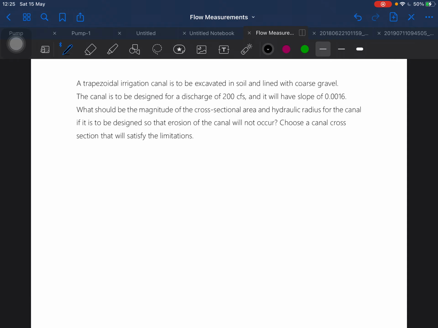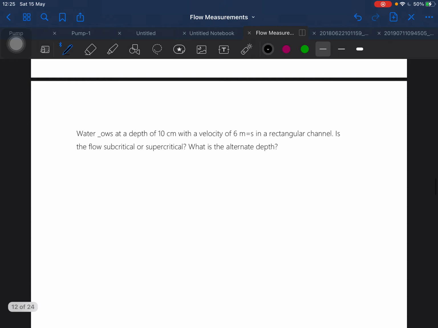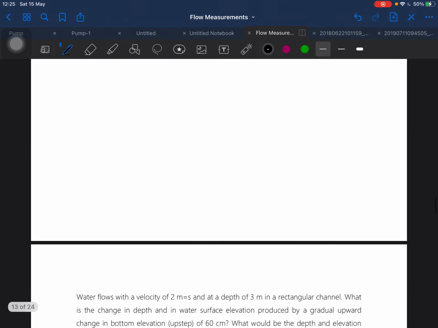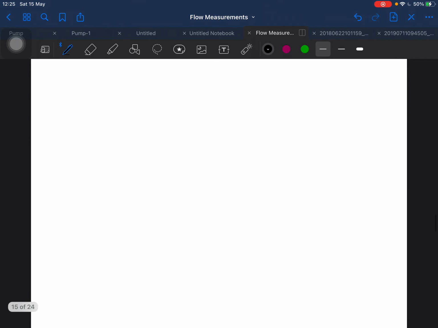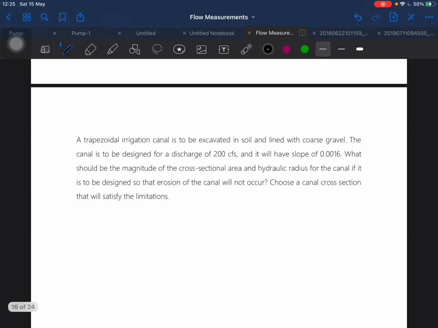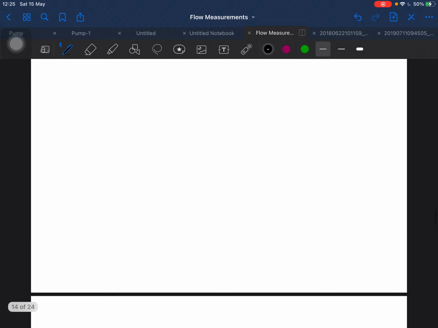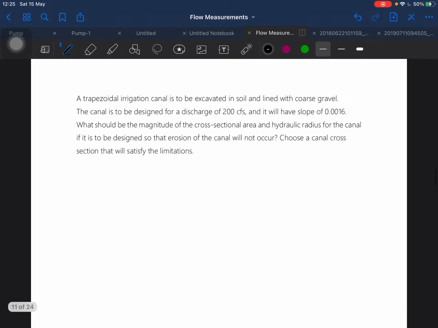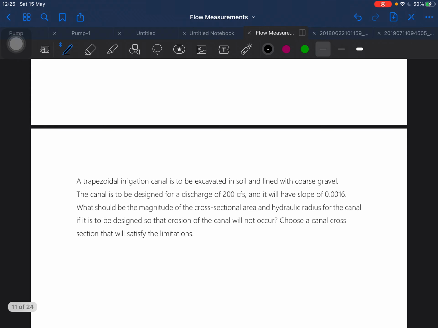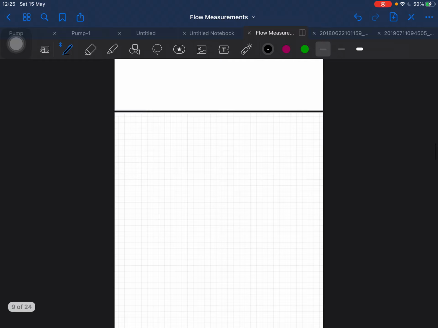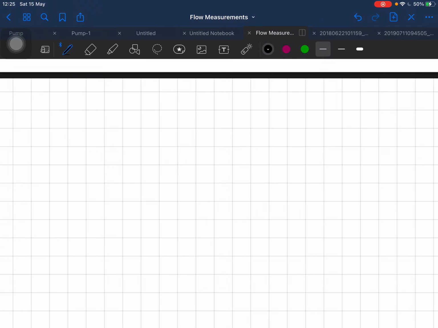A trapezoidal irrigation channel, a canal. It starts to be a little bit easy and hard again, and now it's very, very hard. Is it the same? Yeah, this is the same here. One problem is cancelled.